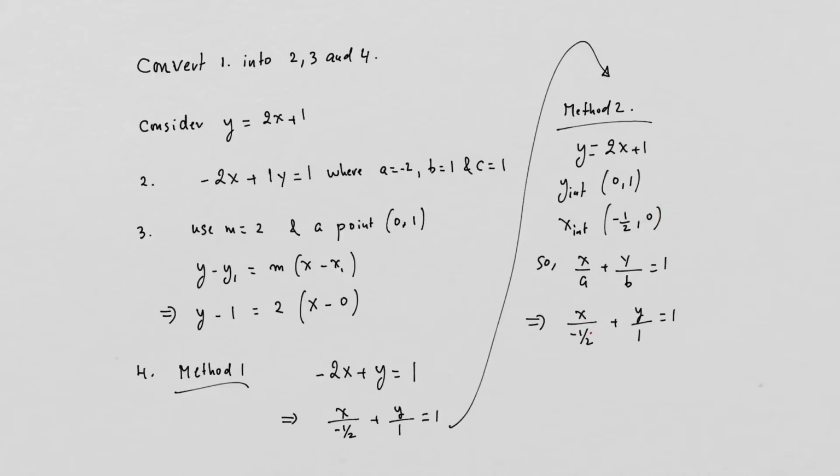So when you plug in 0 here, you get 2x plus 1 equals 0. So that means 2x equals negative 1. That means x equals negative a half. And therefore, my x-intercept is negative 1/2 comma 0. Well, that's my a, and that's my b.